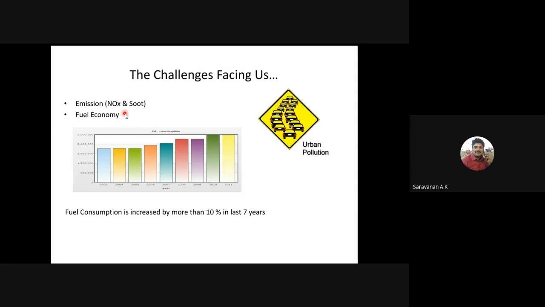The CI engines are very efficient power producing machines, but they have constraints from the NOx and the soot emissions, particulate matter emissions, which are called PM emissions. So we have faced more challenges in the normal IC engines, that is the SI engines and the CI engines.